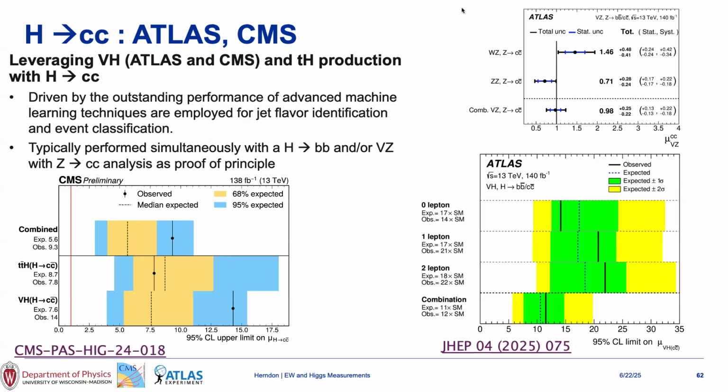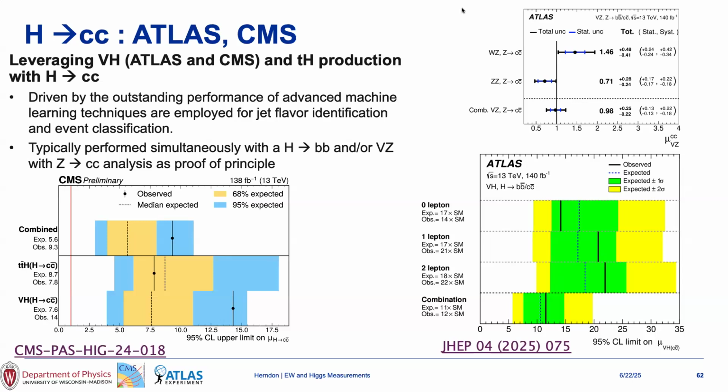I would point out that this is really driven by the just outstanding performance of the b and charm taggers that we built, that amalgamate an incredible amount of information, including partially reconstructed decays and all the kinematic information about everything in the jet that you're trying to identify as a b or c jet, and get really surprisingly high efficiencies for identifying these things.